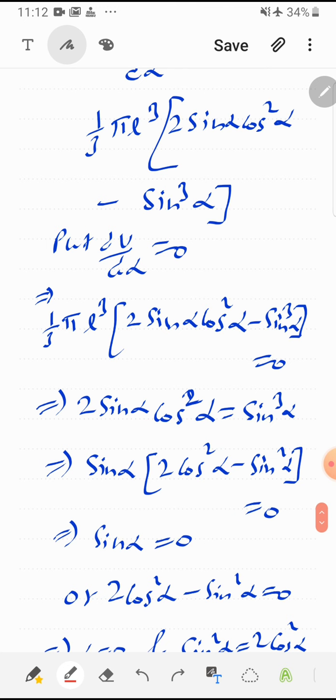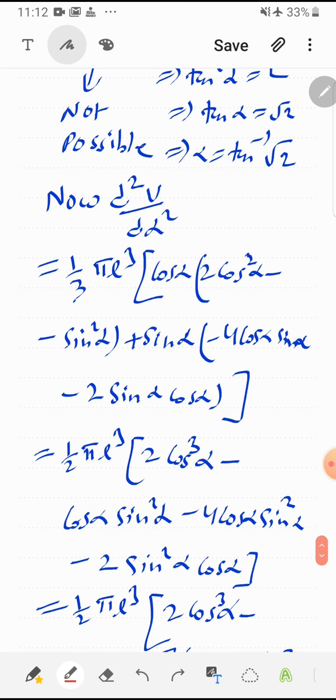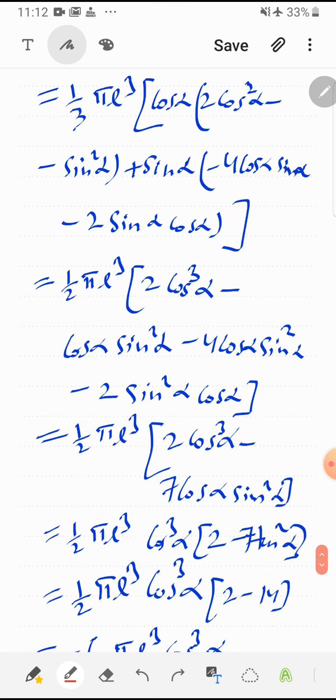So product rule: sin alpha, derivative is cos alpha, bracket as it is, then plus sin alpha as it is, and in the bracket 2 cos alpha is 4 cos alpha into minus sin alpha and minus 2 sin alpha cos alpha. So opening the bracket and doing the necessary simplifications, we are left with 2 cos cube alpha minus this.